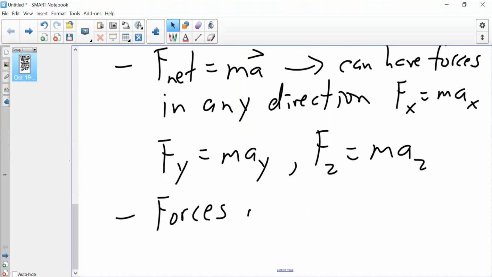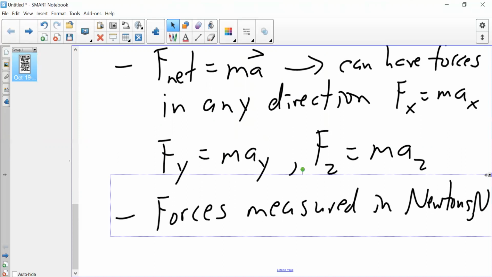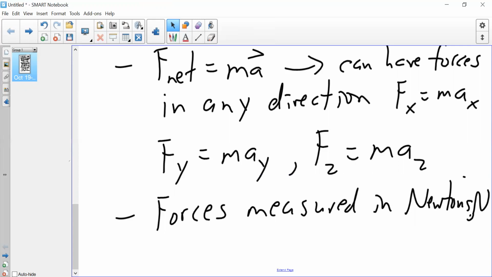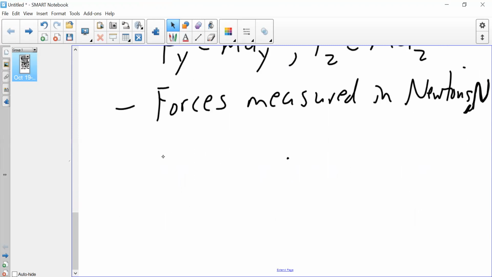Forces, as we know already, are measured in newtons, capital N. One Newton is equal to 1 kilogram meters per second squared, because mass times acceleration gives you force measured in newtons.